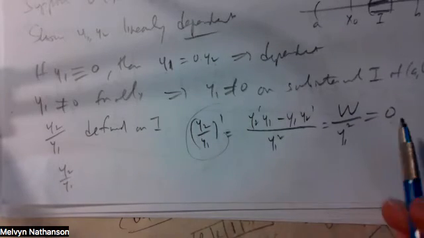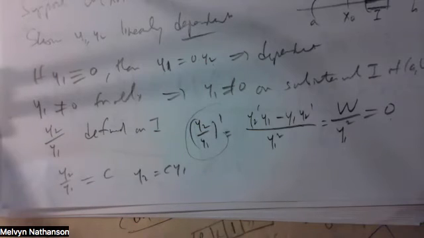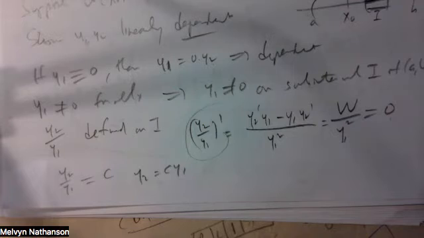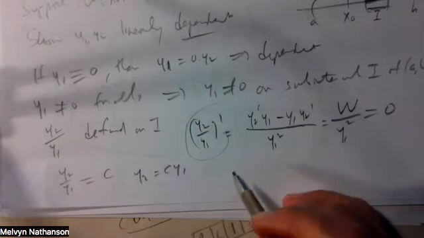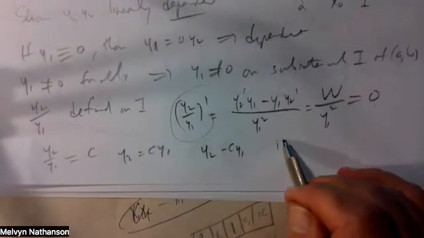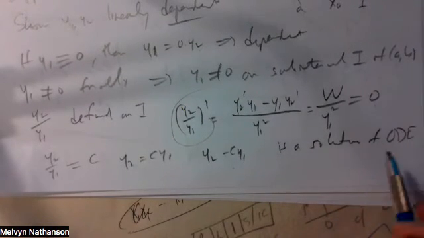If a derivative of a function is 0, the function is a constant. So y2 is equal to a constant times y1. So that means that at least on this subinterval I, y2 is a scalar multiple of y1. But y2 minus c y1, this is a linear combination of two solutions of the differential equation, is a solution of the ordinary differential equation.